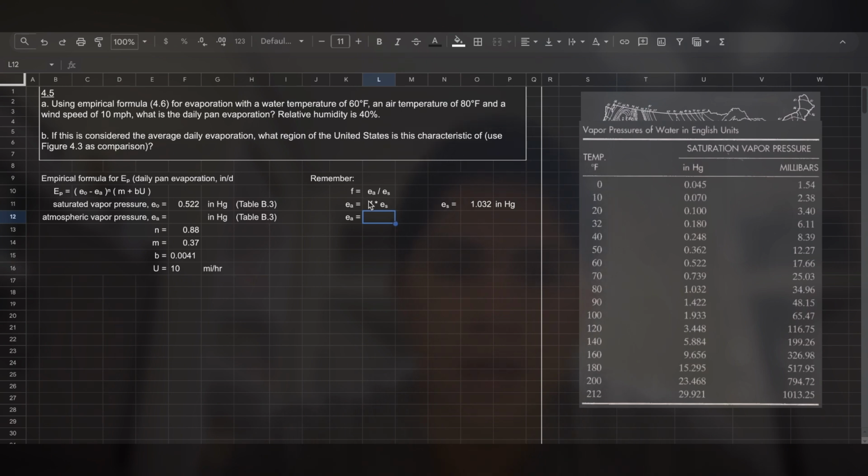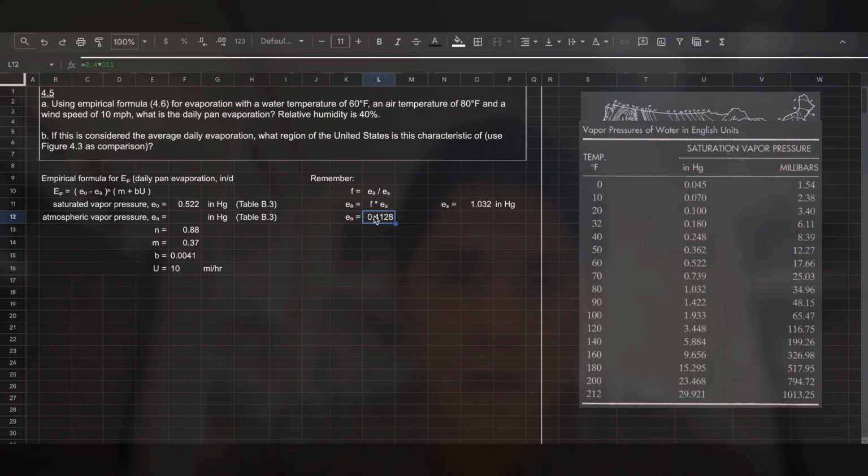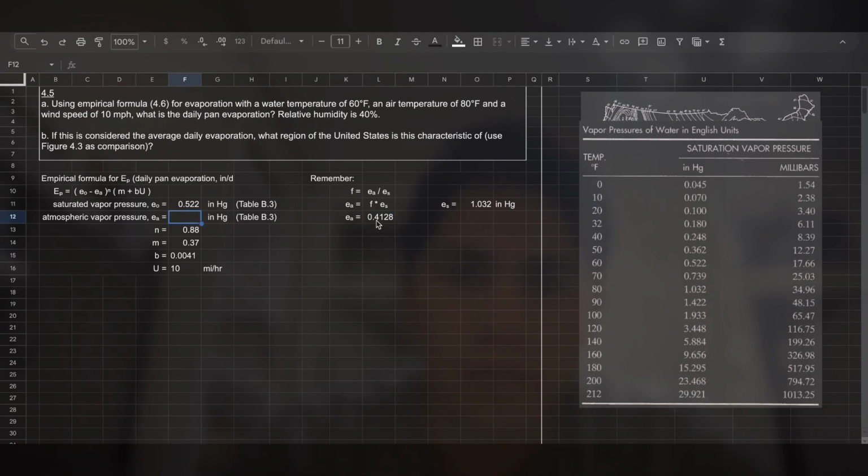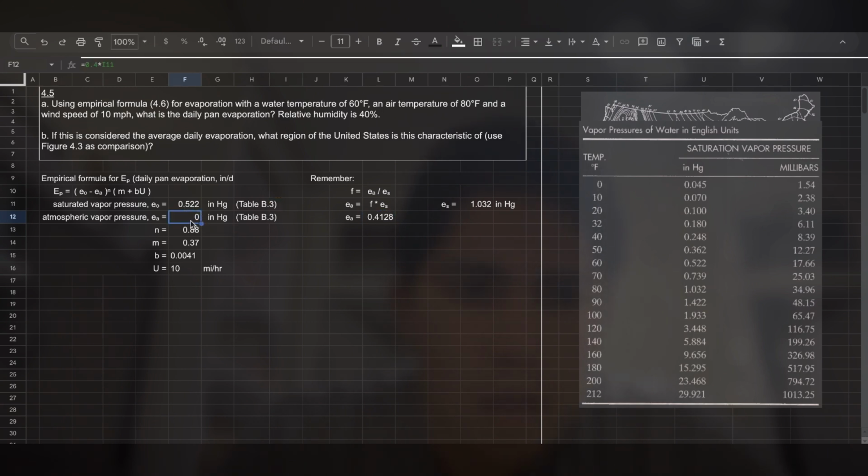So we just need to solve now for this, which is going to be the relative humidity is 40%. That's equal to 0.4 times 1.032. So this is our value of the atmospheric vapor pressure. And let's see.